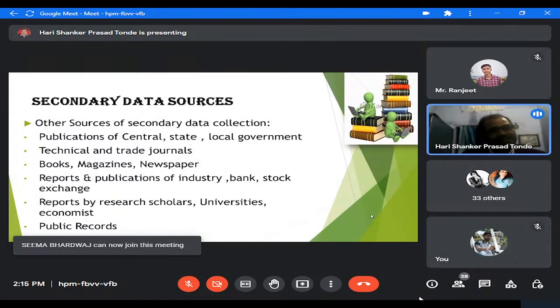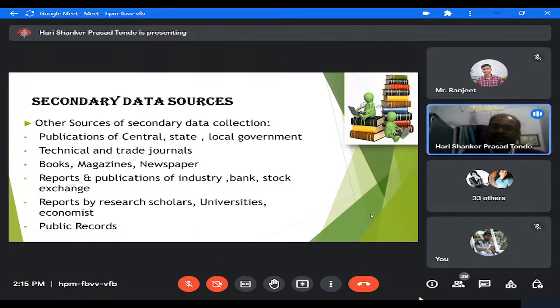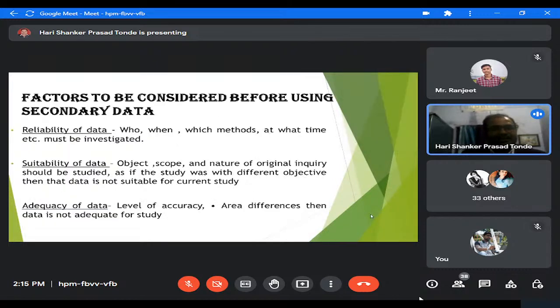Technical and trade journals, books, magazines, newspapers, and reports and publications of industry, banks, and stock exchanges are also sources. Reports by research scholars, universities, and economists, and public records are there. These are some sources of secondary data.